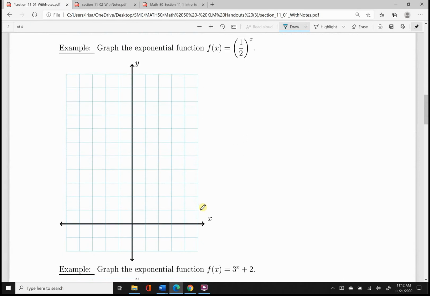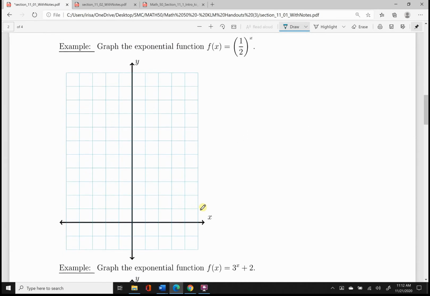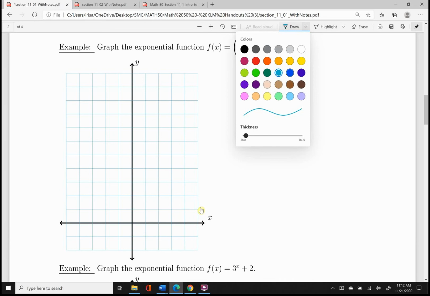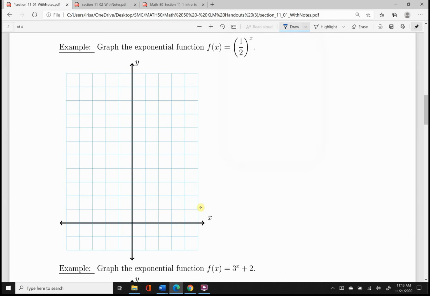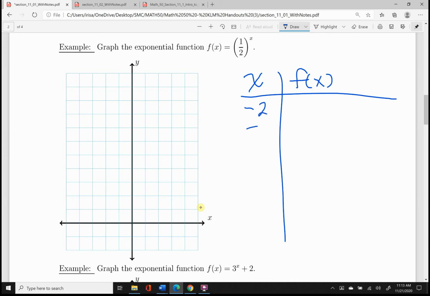And I'll have the same process here. Okay, so I'll start with an f of x table. I'll begin with my standard 5 inputs of -2, -1, 0, 1, and 2.